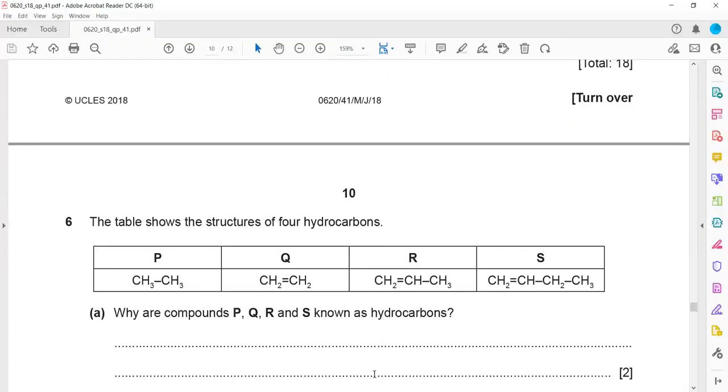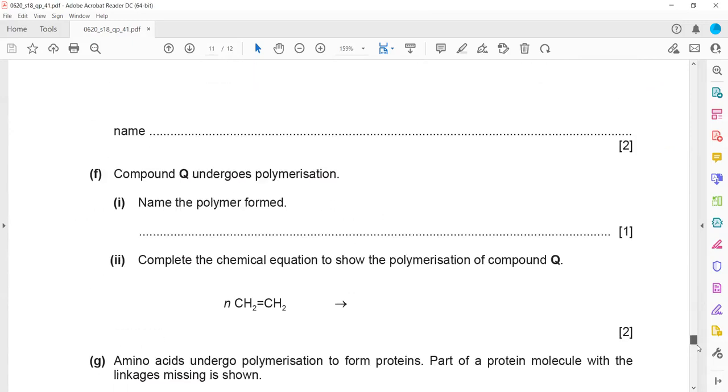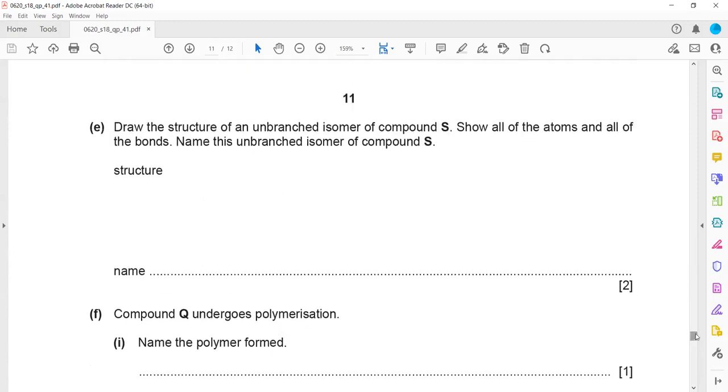So the double bond is present with the first carbon, like 1, 2, 3, 4. So it is present between the first and the second carbon. What we'll do is change the position of the double bond between the second and the third carbon. So there will be 4 carbon atoms, 1, 2, 3, 4.